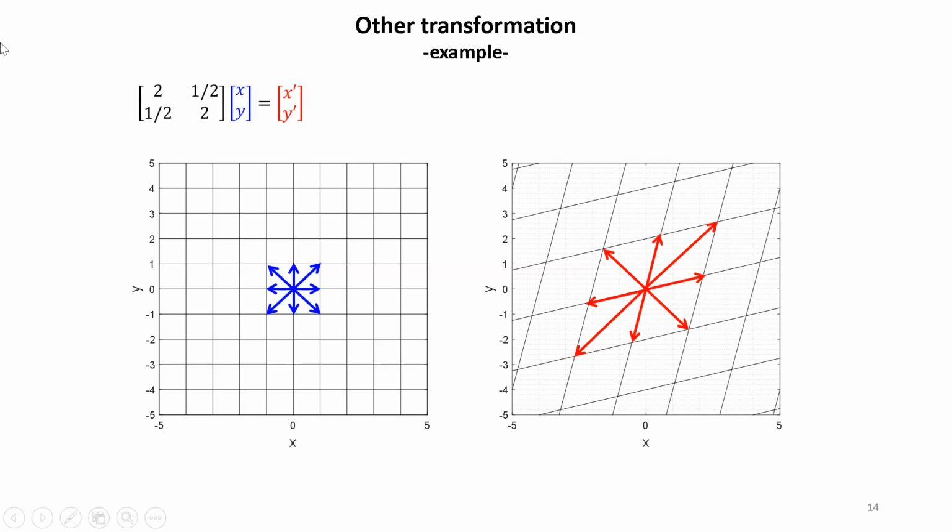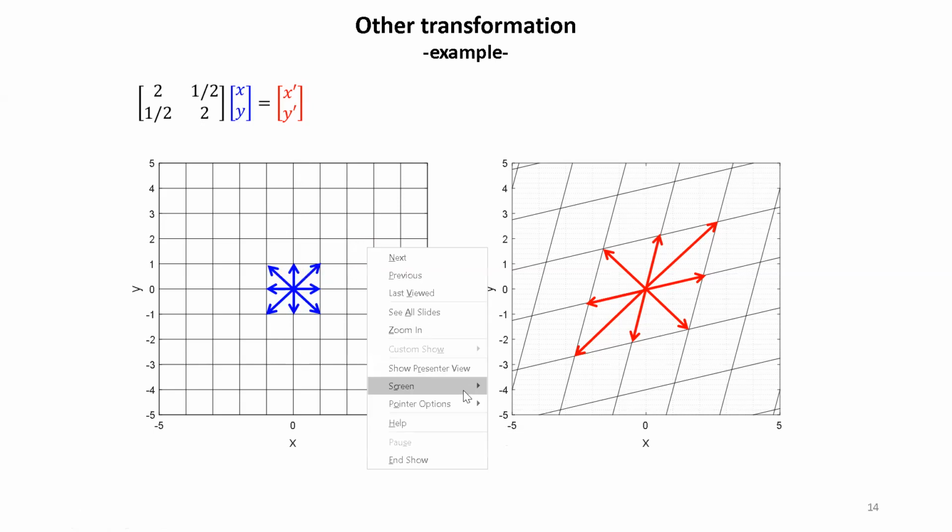For example, I call this 2, 1/2, 1/2, 2 to be a transformation. So in that case, what would happen? Suppose I have these couples of vectors to start with, then if you take this transformation, each vector will behave differently.